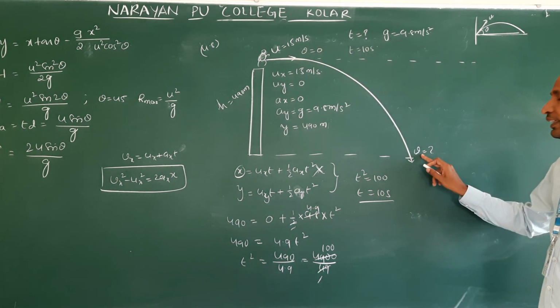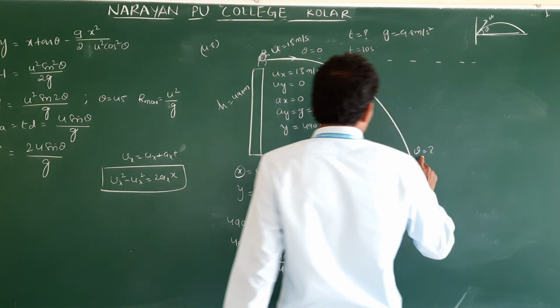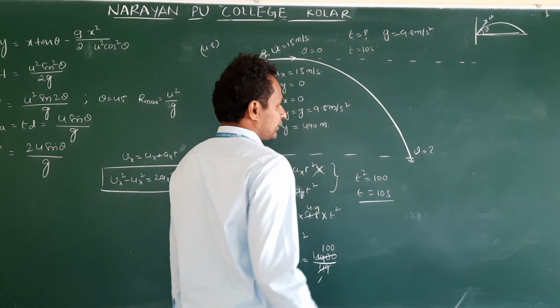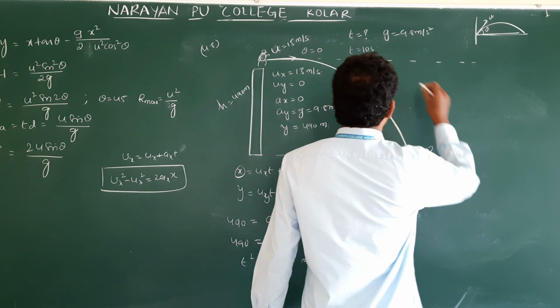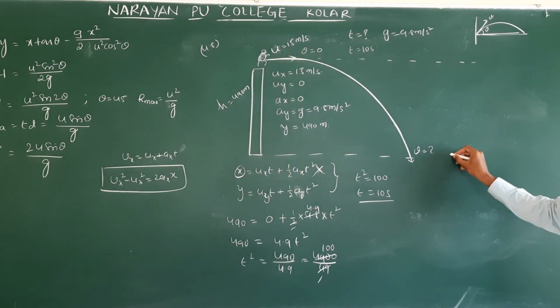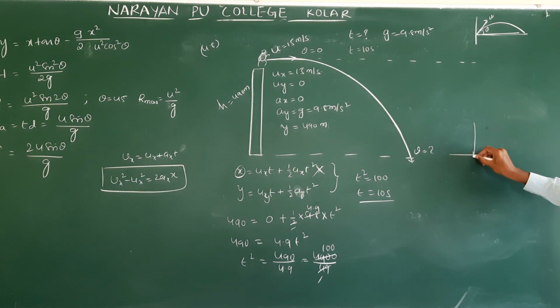Next we need to find v, the final velocity. See, the object is hitting the ground in this way. Clear? Here I am explaining, this is the ground level. The object is coming and it is not hitting directly vertically like this.